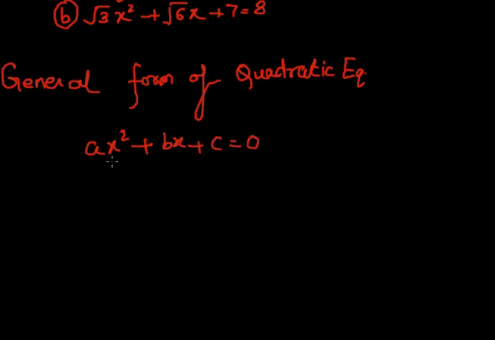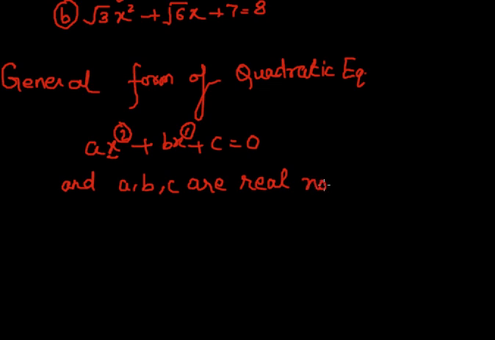Now, first of all, we have to check whether this is a quadratic equation or not. Yes, this is the quadratic equation because the highest power of variable is here 2. And a, b and c are all real numbers.